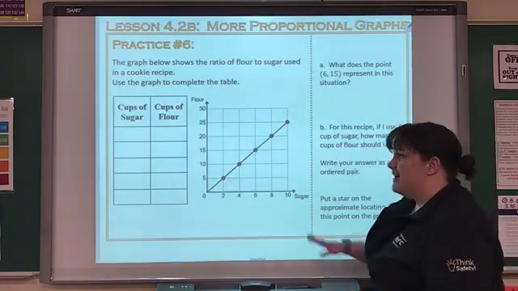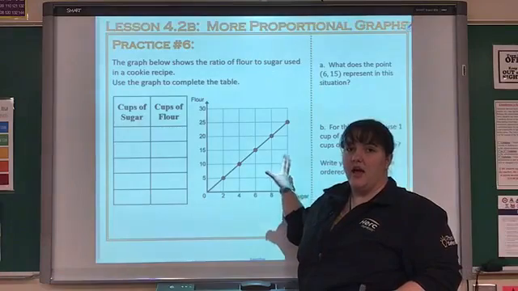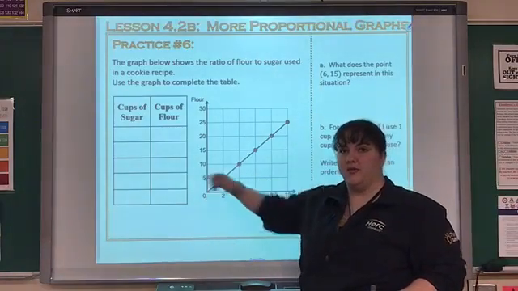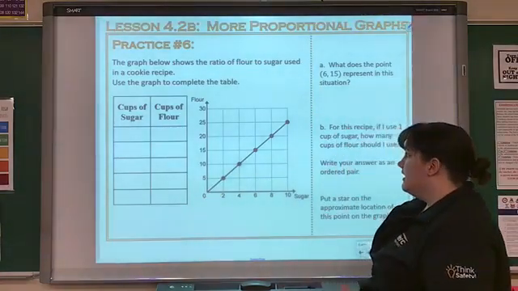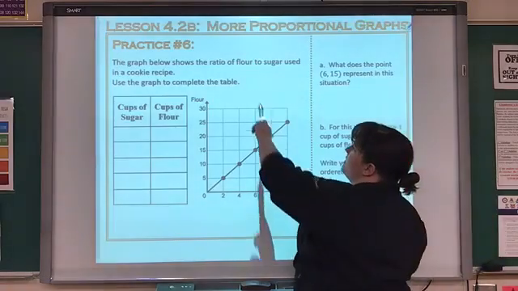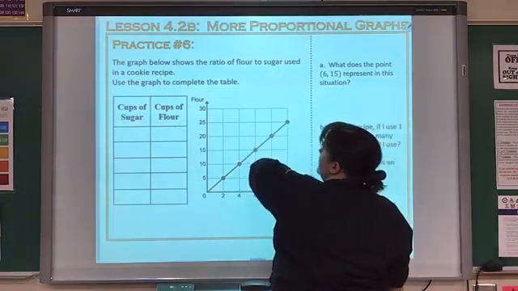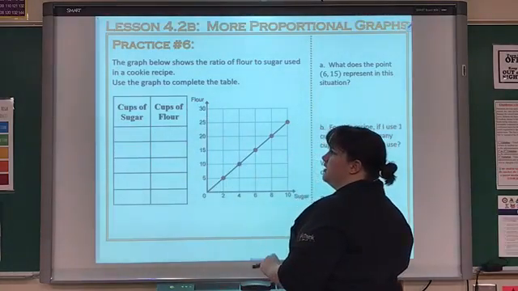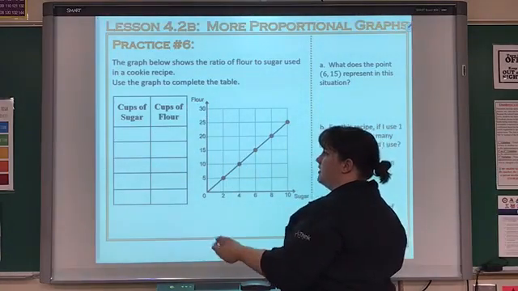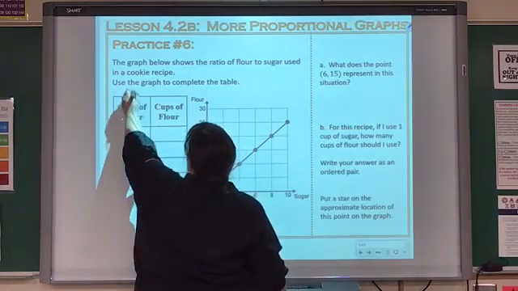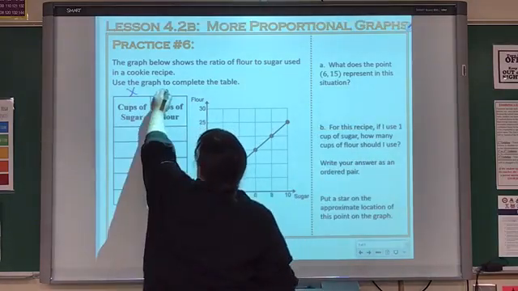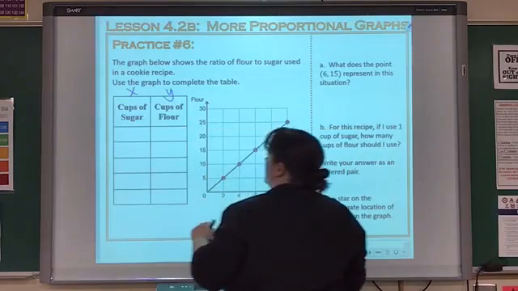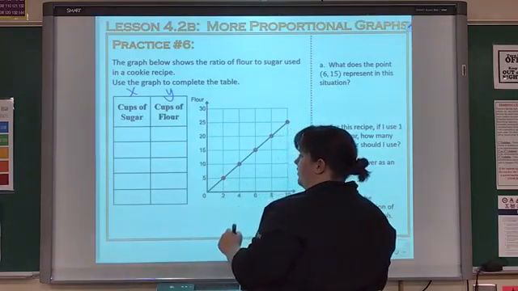Finally, in this case, we just have a graph, and we need to fill in our table from here. So, if we look, this says the ratio of flour to sugar, and then we have cups of sugar and cups of flour. Well, the thing that we need to remember is this first part in our table is the X value, and the second value in our table is going to be the Y value.